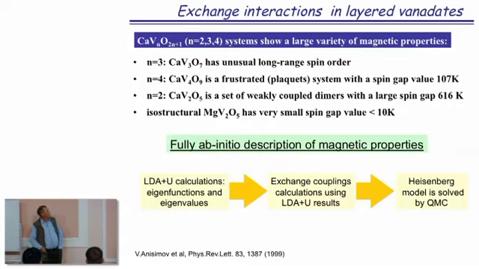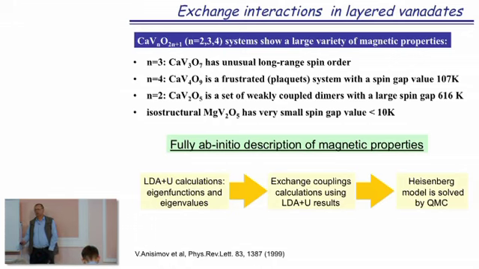Now for spin ordering. When you have ferromagnetic or antiferromagnetic, it's pretty simple. In this particular case, there's a family of calcium vanadates. It's very interesting. Only one of these materials has long-range order. All others are so-called some kind of spin liquids, you could say, or more precisely, spin gap systems.